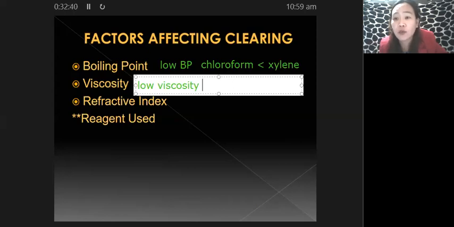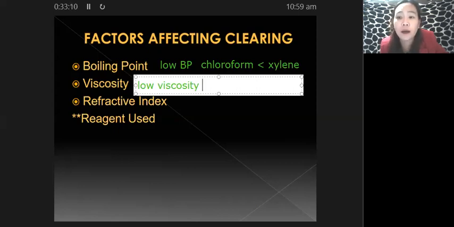So if a reagent has a low viscosity, it means that your reagent is more fluid. Thus, it will have a better penetration. Low viscosity, meaning the reagent is more fluid, so it is capable of penetrating your sample better.